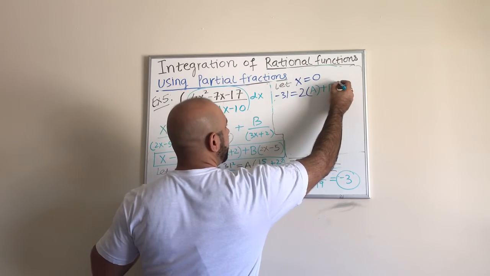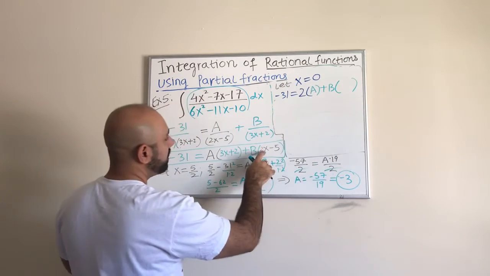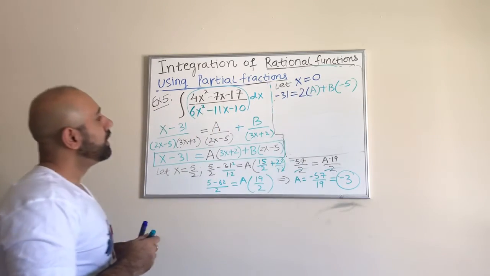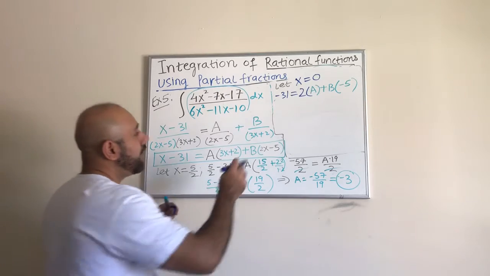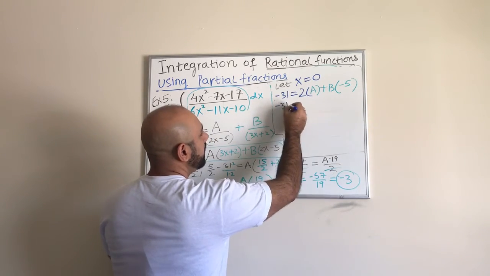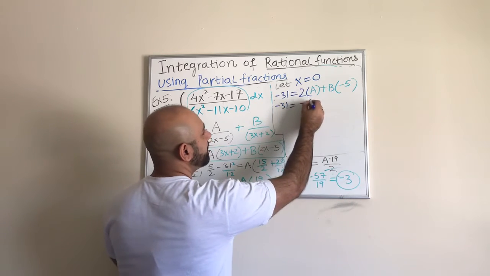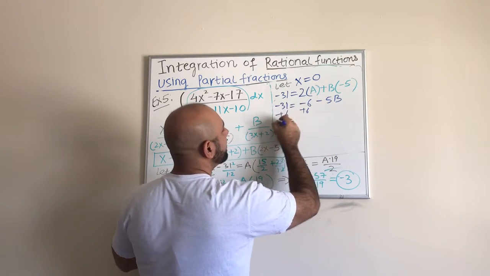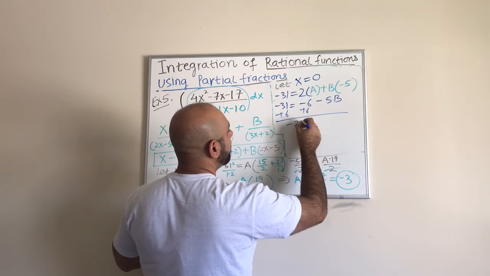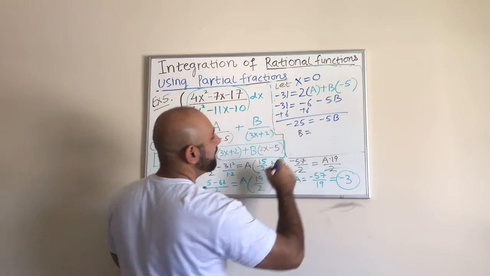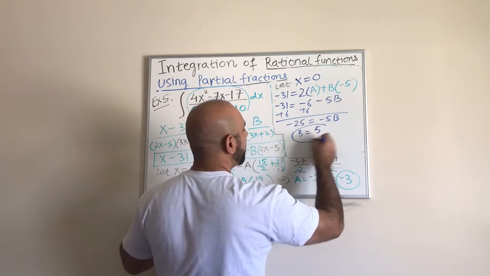And then let's see what is left inside the parentheses. 2 times 0 is 0. 0 minus 5 is negative 5. Let us simplify this. I already know what my a is. A is negative 3. So it is negative 31 equals 2 times negative 3, which is negative 6, minus 5b. If I add 6 to both sides, I get negative 25 is negative 5b. To get b by itself, I have to divide by negative 5. I get b equals 5.